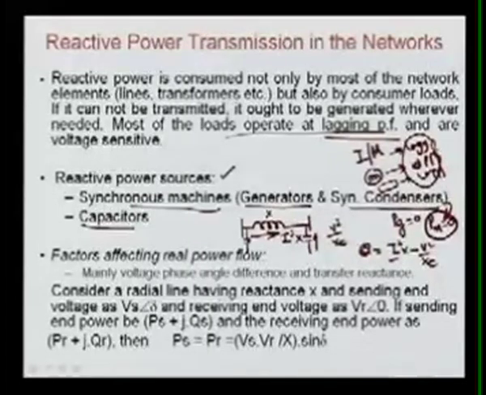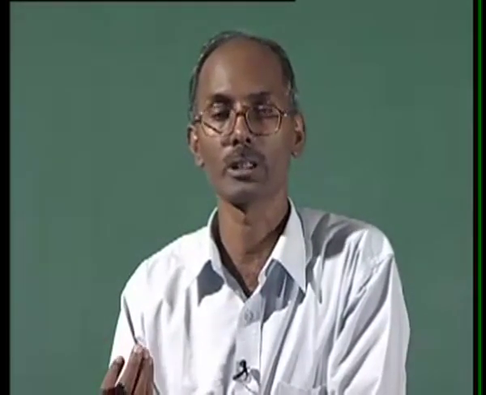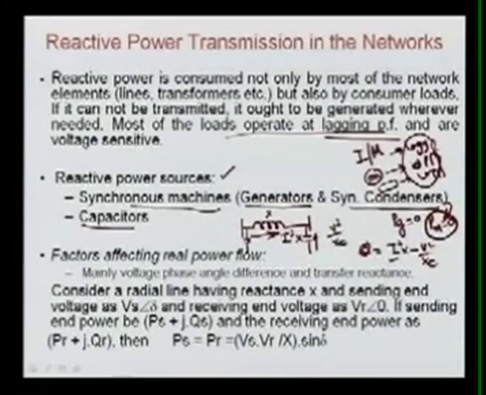So this line can generate, especially when the system is lightly loaded, for example sometimes in monsoon seasons or in the off-peak hours, even from midnight onwards when the loading of the system is reduced. So this line can generate reactive power.